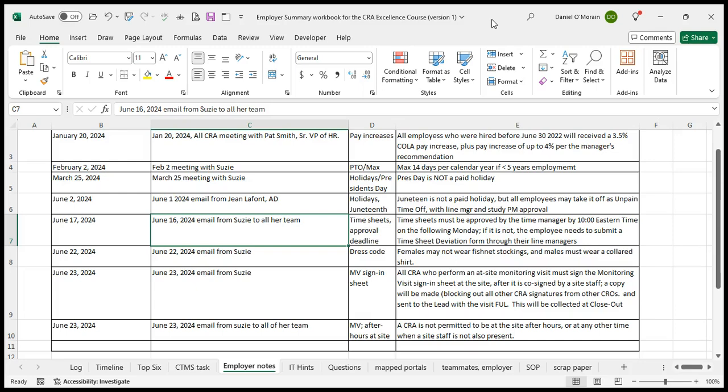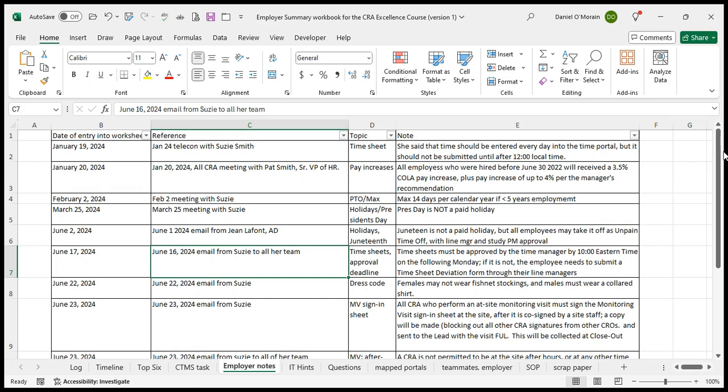So this is the employer summary workbook that I use to capture important things having to do with my employer. For CRAs who work for the PI, this worksheet applies. For CRAs who work for a sponsor or a CRO, this also applies. So this is the way it works.